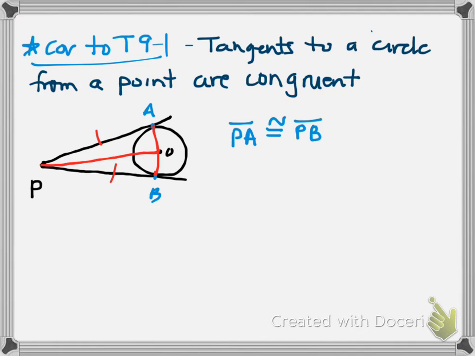Therefore, when I drop that line down, I'm going to bisect that angle at the top. I'm going to be a perpendicular bisector to the bottom. So yeah, there's all sorts of different things that can happen with this idea. Okay. So that's the corollary. And then we have another theorem.